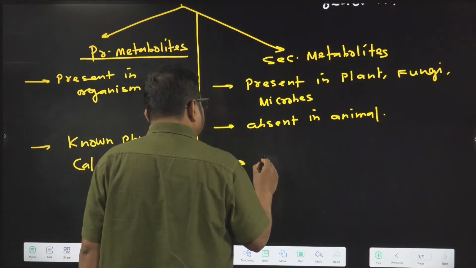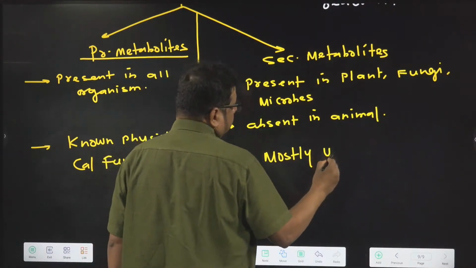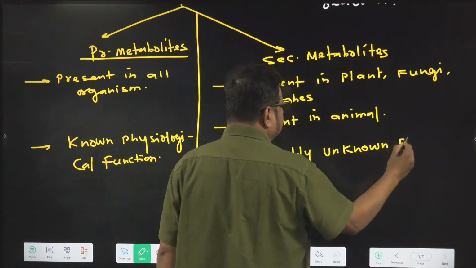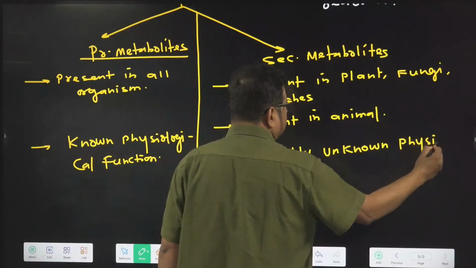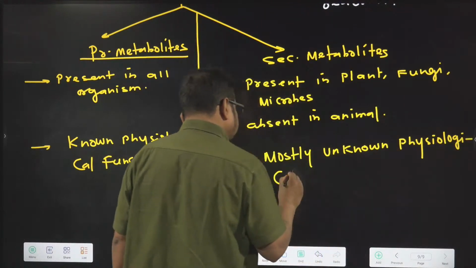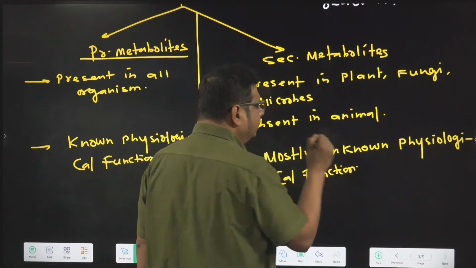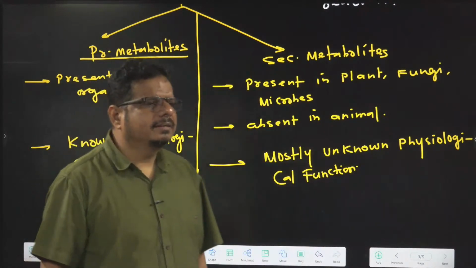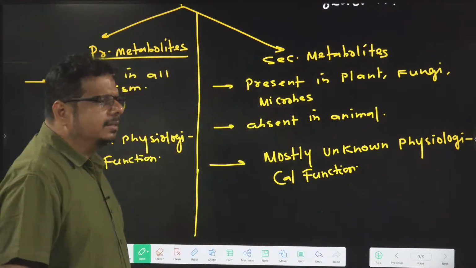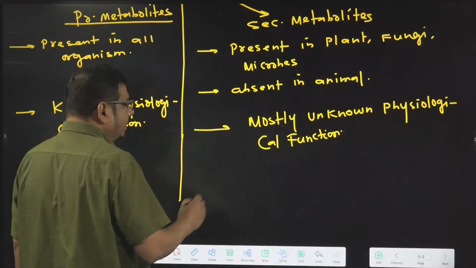Here, mostly unknown physiological function. It means we have not much idea about why secondary metabolites are produced in plant, bacteria or fungi. We don't have much idea about their physiological role in their body.